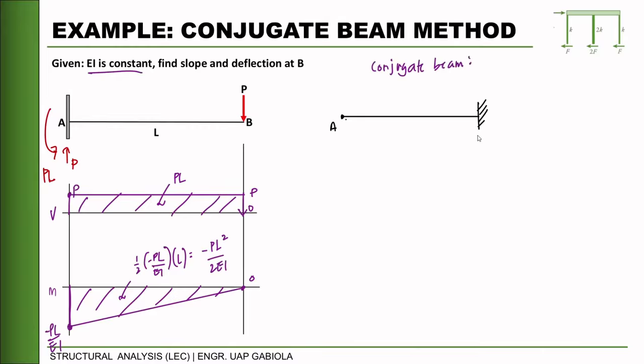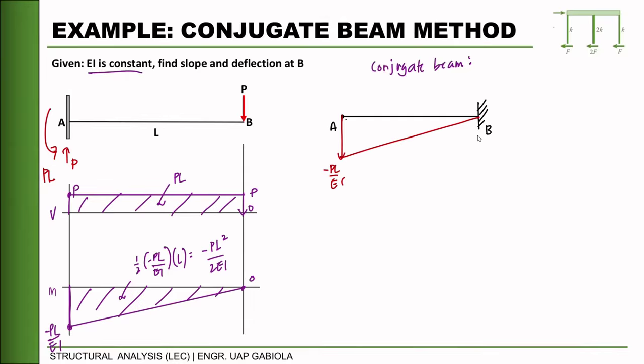The loading will be whatever is the moment diagram. The moment diagram is a triangular load with intensity negative PL over EI. To get the shear and moment of this beam, again, reaction.